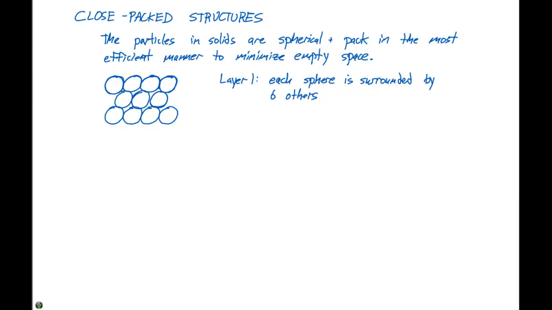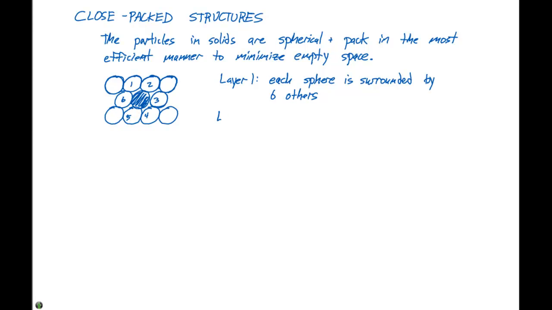So if we focus on this sphere right here in the center, we can see that it's surrounded by 1, 2, 3, 4, 5, 6 other spheres. So this is what I mean by, in this layer we have each sphere surrounded by 6 other spheres.